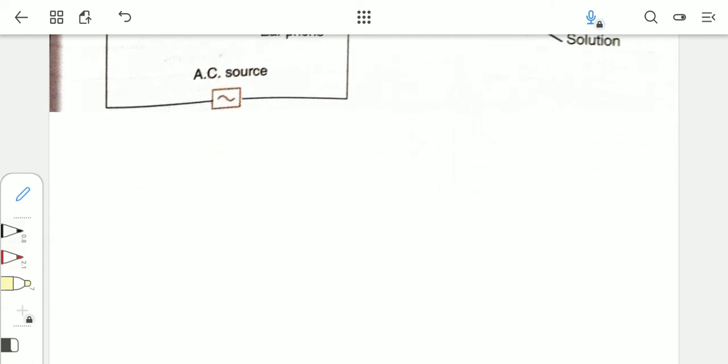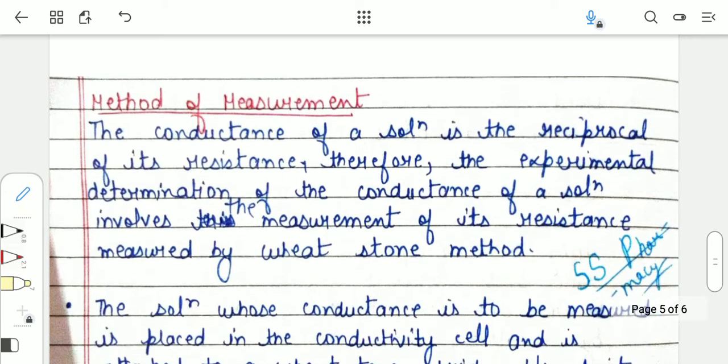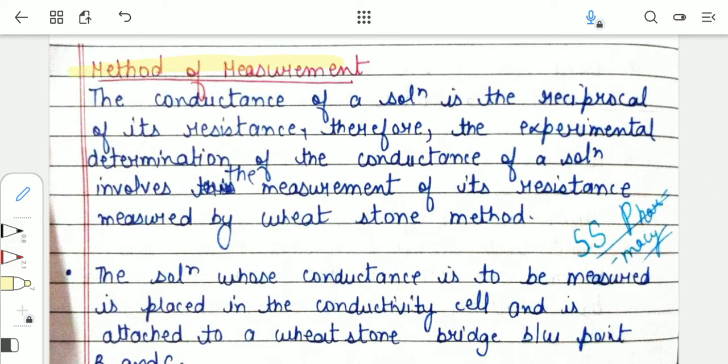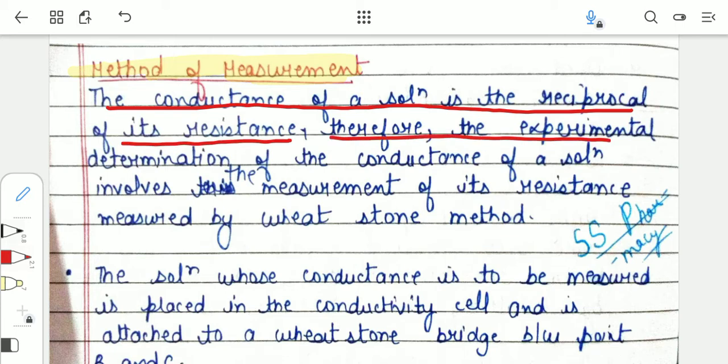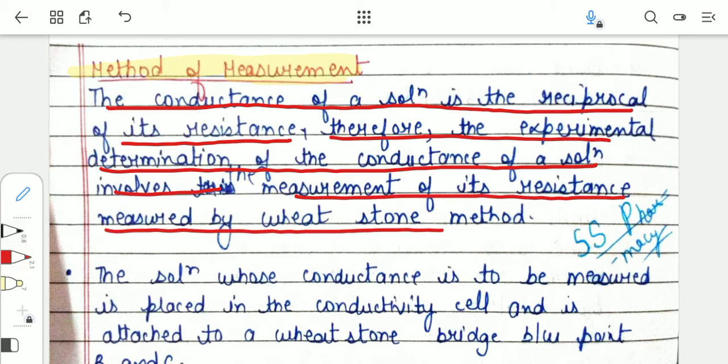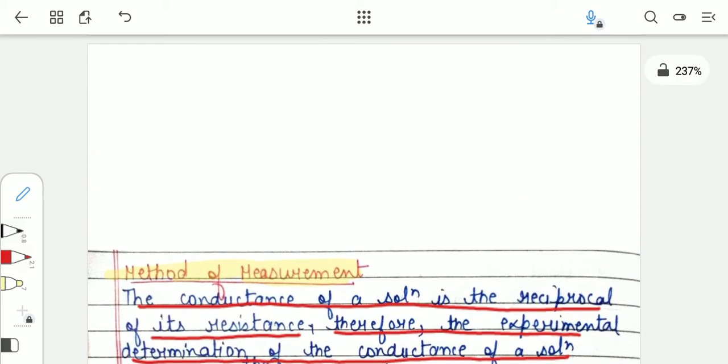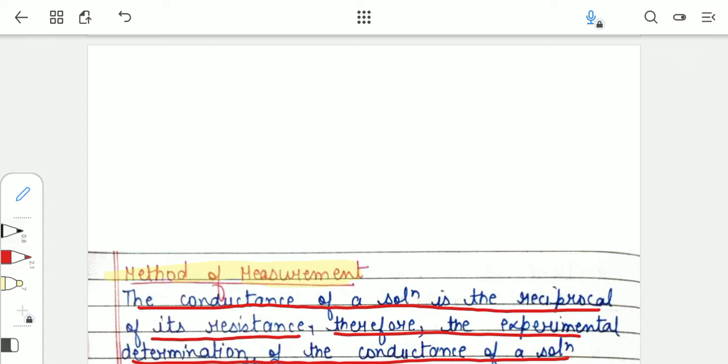Firstly, let us see the method of measurement of the conductance. The conductance of a solution is the reciprocal of its resistance. Therefore, the experimental determination of the conductance of a solution involves the measurement of its resistance, measured by the Wheatstone bridge. Just now we discussed that by the Wheatstone bridge we can calculate the unknown resistance, and in the previous video we discussed that the conductance, represented by G, is the reciprocal of resistance.